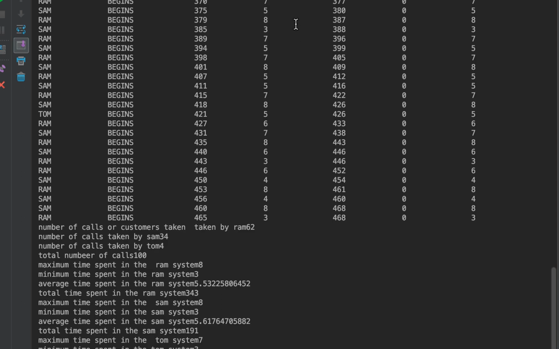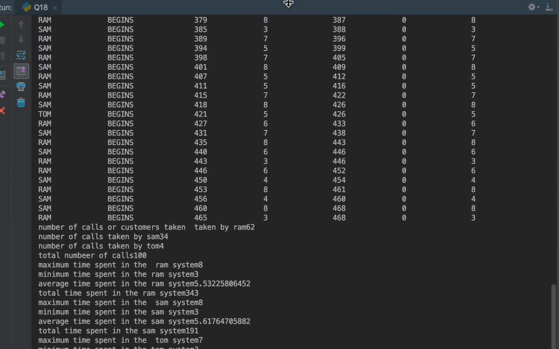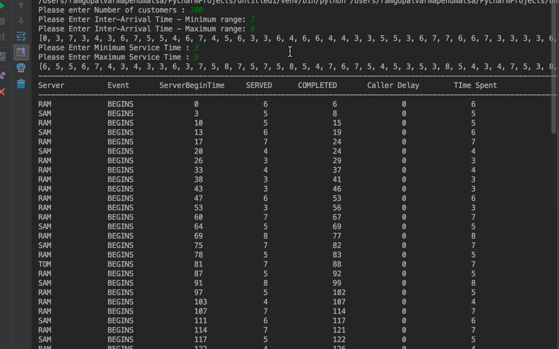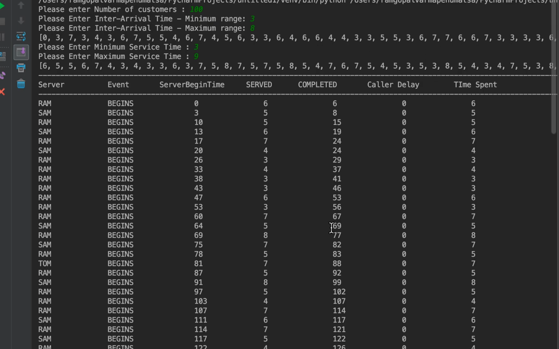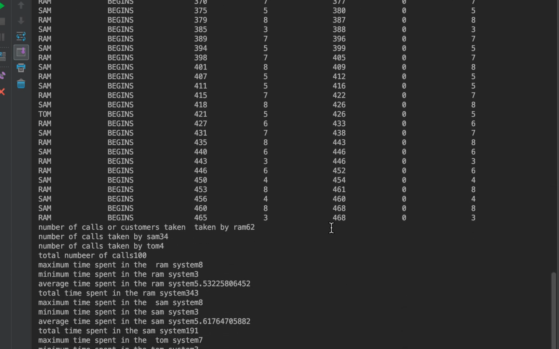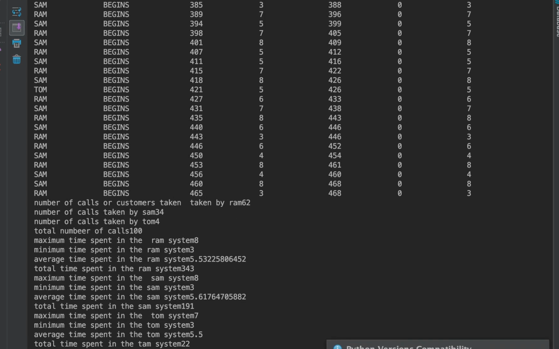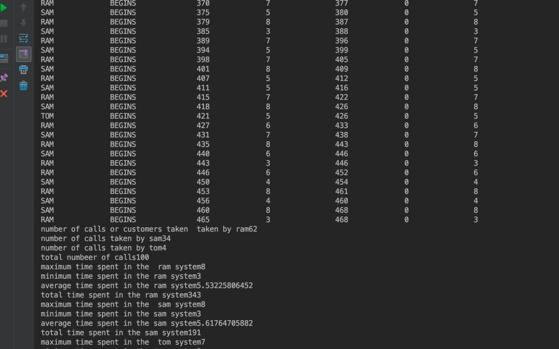And there you go, our new simulation is as follows. So here again you can see the service time, the server, the completed time, the caller delay, and the same simulation as follows. Also here you can see the number of calls taken by RAM is 62, SAM is 34, Tom is 4, and the total number of calls is 100, and the rest of the things are the same as we observed above.